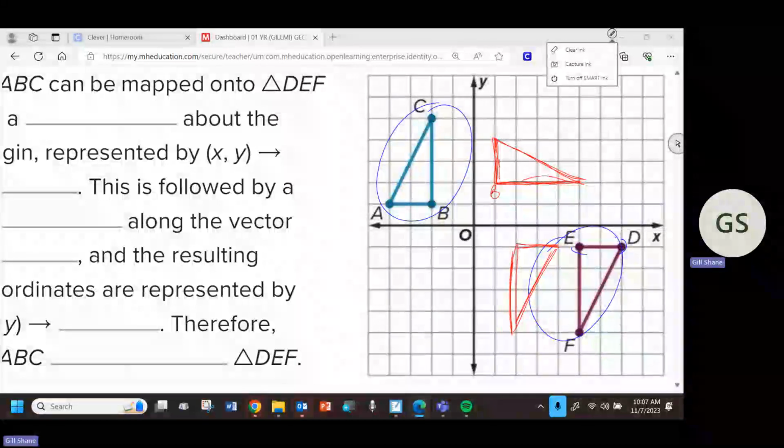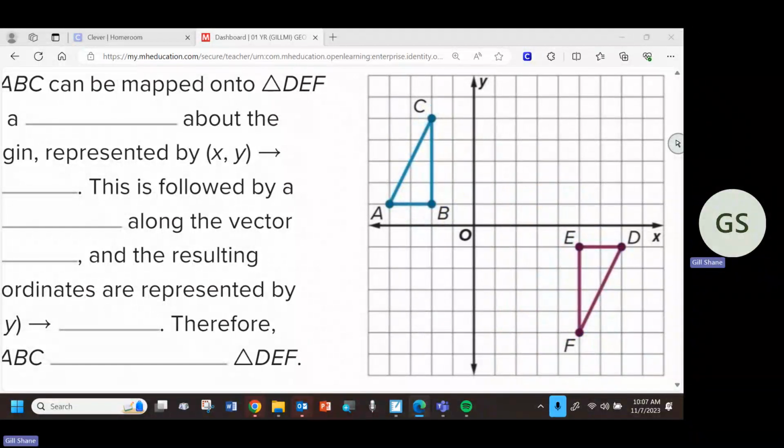It just wouldn't be over the X and the Y axis. If I reflected this down, it would look like this, right? If I then reflected it over, I think you have to do like 1.5 or something like that. If I reflected it again over X equals 1.5, well, you wouldn't even need to.